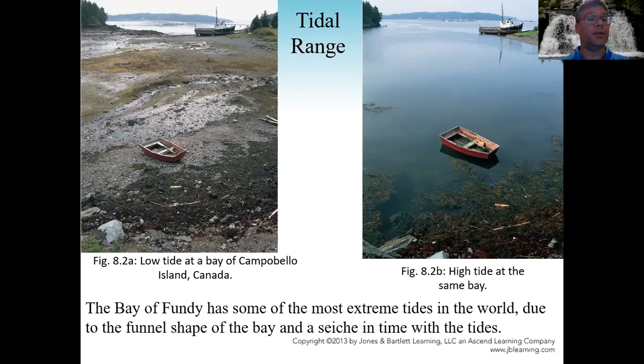There are some other places that rival it, but this is easiest to get to with tides this extreme at any rate. The extreme tides relate to the shape of the bay, something of a funnel shape. So the water is kind of funneled in and out to be more extreme. And also the sequence of the tides tends to reinforce itself.